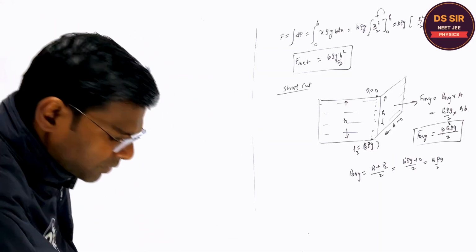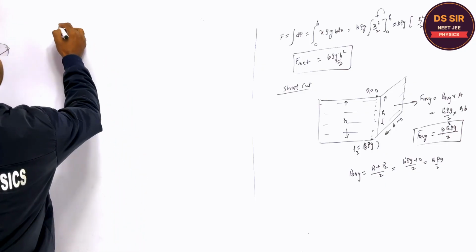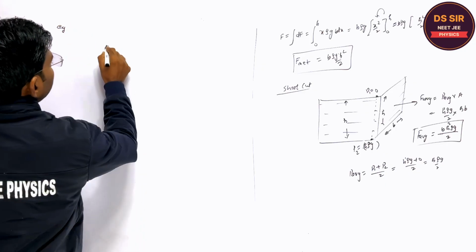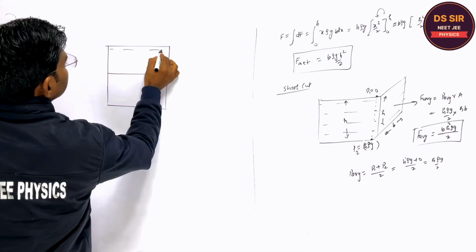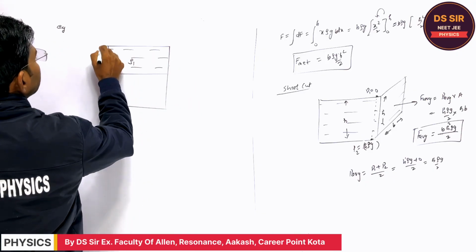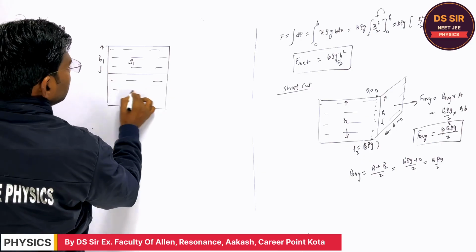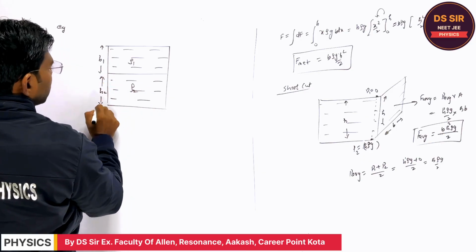But sometimes two liquids of different density are filled. For example, this is the vessel, and up to height h1 the density is rho 1, and the other liquid is rho 2 with height h2, right?